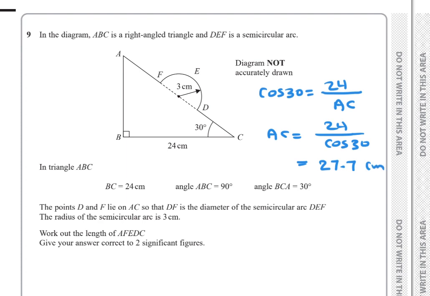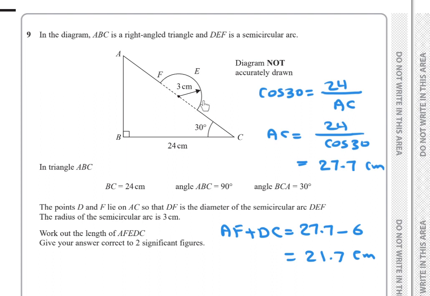We need to exclude FD from AC because we need AF and DC. So subtract the diameter, so subtract 6 centimeter. So now AF plus DC equal 27.7 minus 6 equals 21.7 centimeter. Now for the semicircular arc, we can find the circumference, then divide by 2.